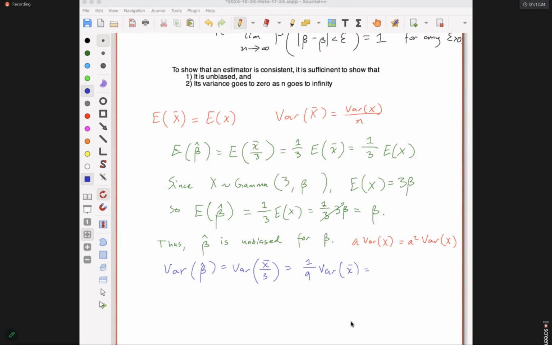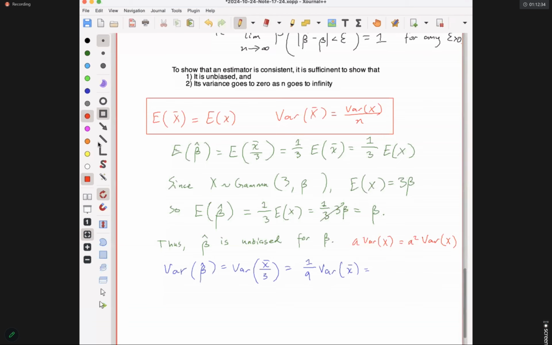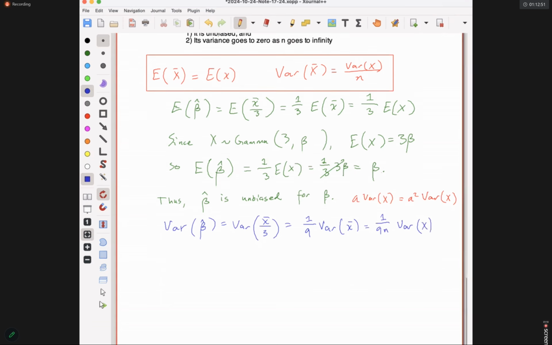No, we can't do that. We'll apply what I have up here in red, that the variance of this is the variance of x divided by n. So this is equal to 1 over 9n variance of x. And what is the variance of x?